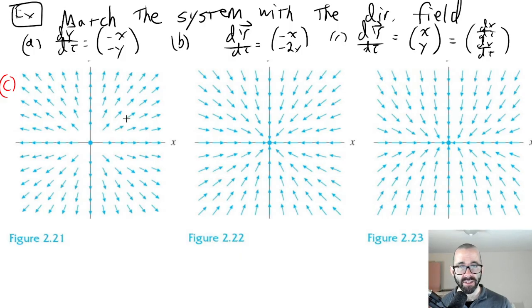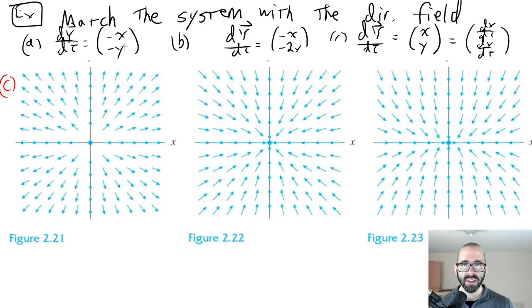So yeah, these are all positive. And remember, there's no size here. These are direction fields. There is no size here. So even though x is increasing, these vectors are not getting longer. It's only the relative things. Okay. So now this is C.